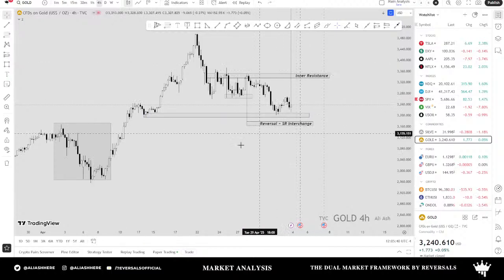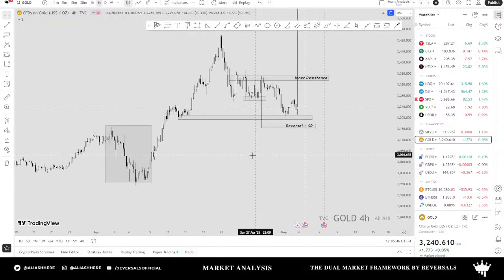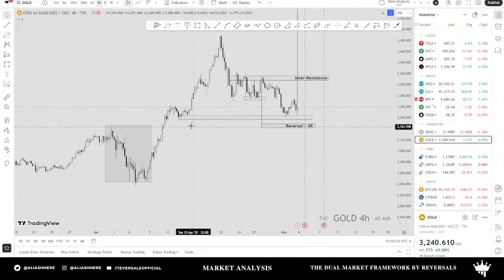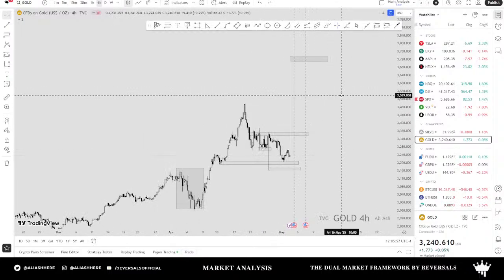What we have to confirm is this double bottom, and so far it's going in the same market structure, and this sustains itself and breaks this resistance. In the resistance, we can see an SR interchange towards 3,720.